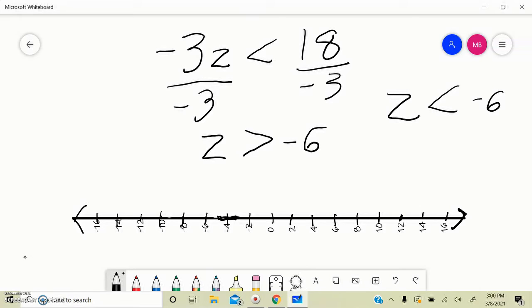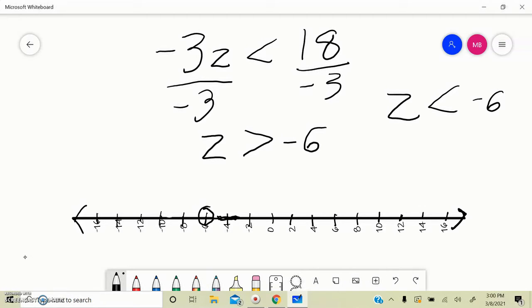And that's only if I'm multiplying or dividing by a negative. So I see I have z is now greater than negative 6. So I'm going to put, nope, we want an open circle. My apologies about that.